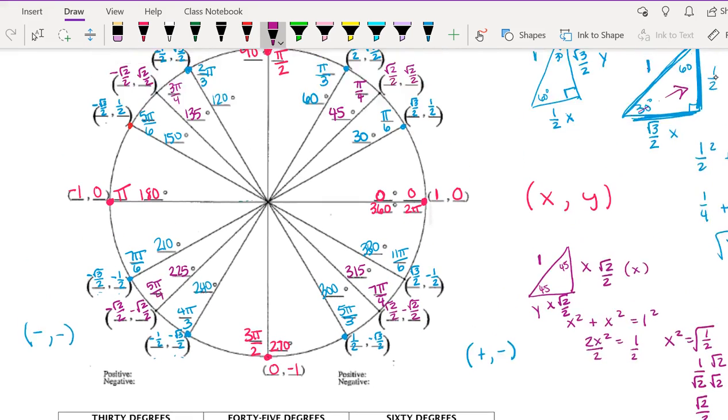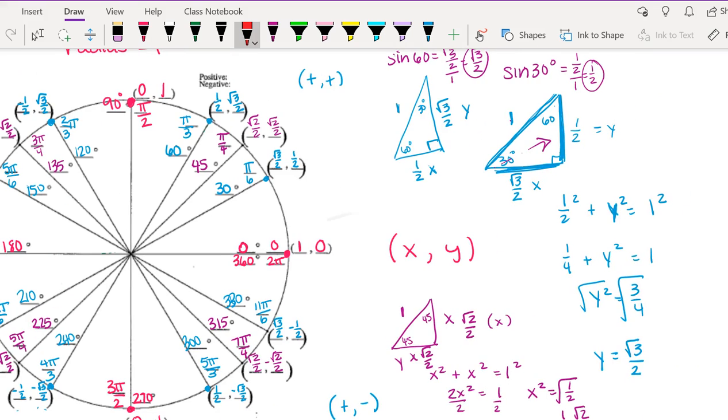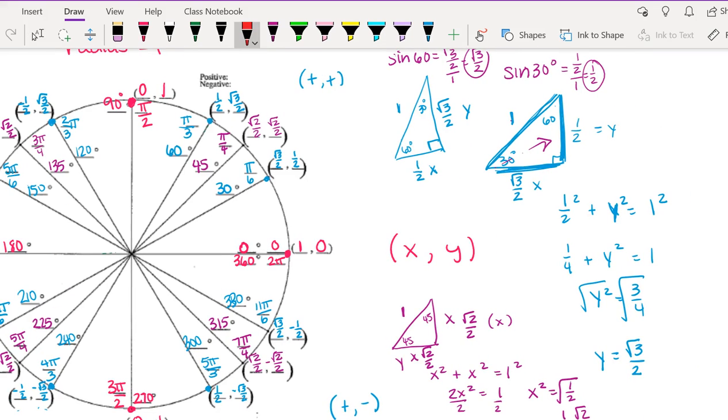Okay, and so what happens is the same thing happens with x. So if I asked you the cosine of 30, so over here, the cosine of 30 is the adjacent over the hypotenuse. Well, the adjacent is the square root of 3 over 2. Over the hypotenuse is always 1. That's just equal to the square root of 3 over 2.